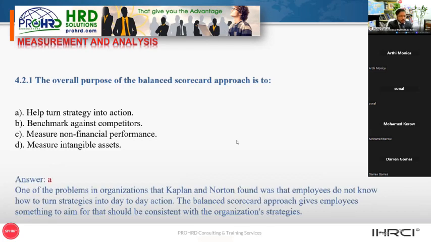One of the problems in organizations that Kaplan and Norton found was that employees do not know how to turn the strategy into day-to-day action. There is a mismatch.